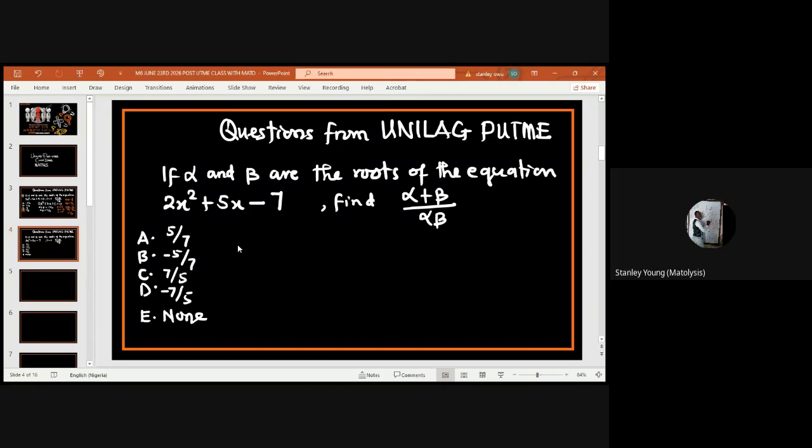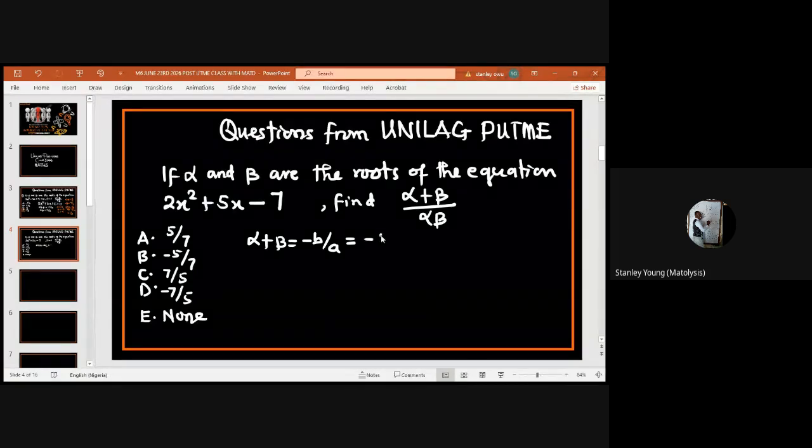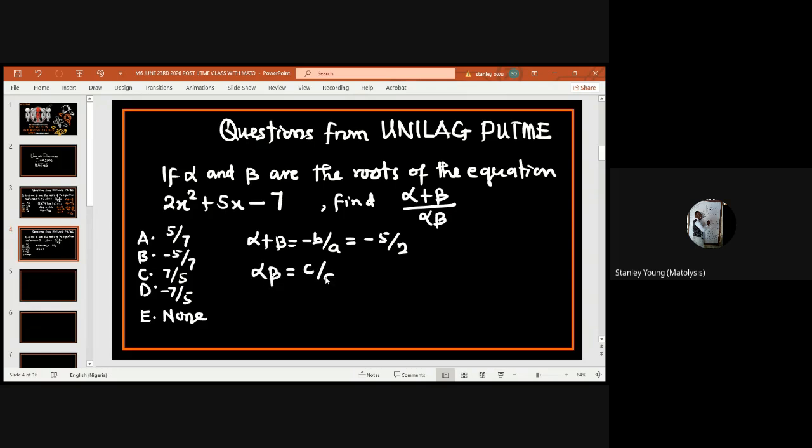Let's quickly confirm that. Here we have alpha plus beta equal to minus b over a. Our b is 5, a is 2, and c is -7. So we have this equal to -5/2. Then alpha beta is c over a, and our c is -7, so we have -7 divided by 2.